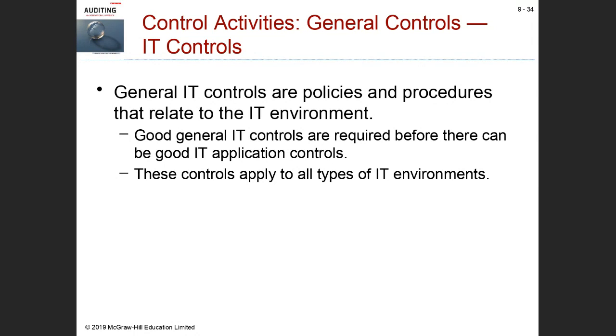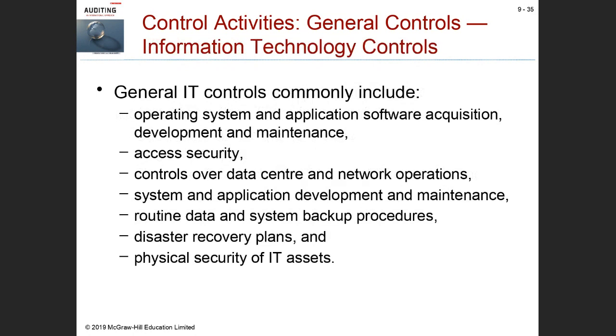What are the IT controls over the payroll system? So sales, purchases, payroll, those are all application systems. We need application controls over each of those systems. But just like we have general controls over the general accounting system, we need general controls over the IT system. And those general controls, of course, relate to the entire IT environment in total.